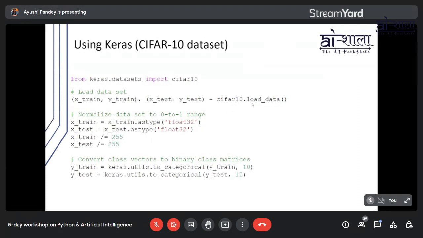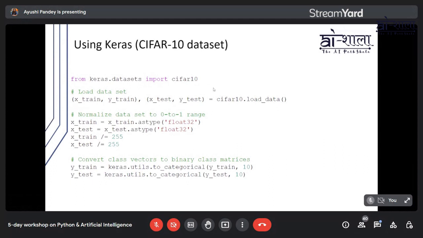The image is already converted into float values, and by dividing by 255, we are converting the image values between 0 and 1. And this is to convert the class vector to a binary class matrix. I'll show you when I'm doing the code how this class has been converted.